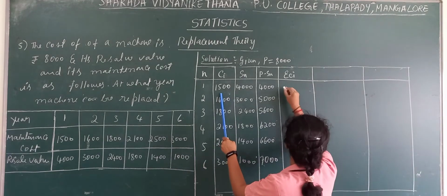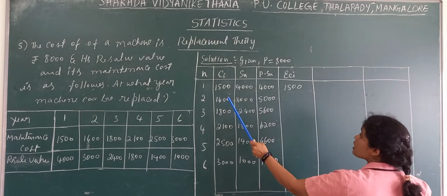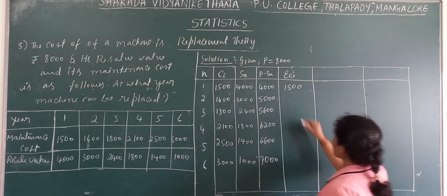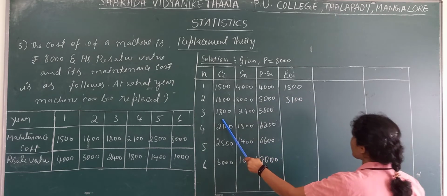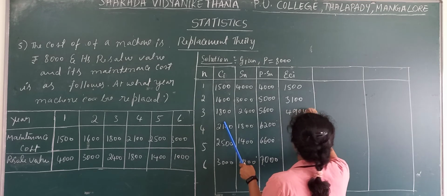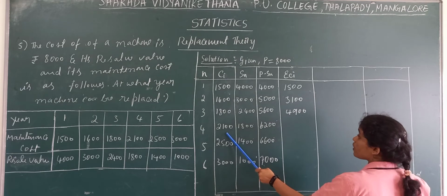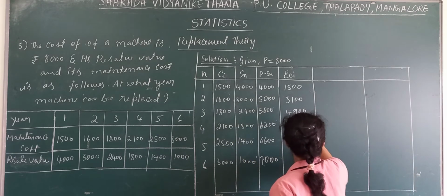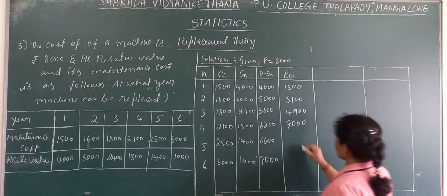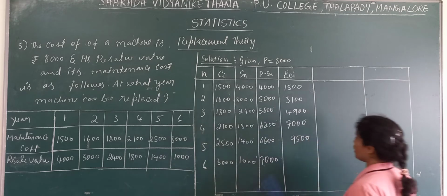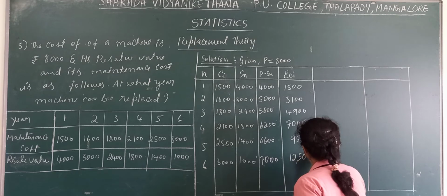The first year operating cost is 1,500 as it is. 1,500 plus 1,600, there we get 3,100. 3,100 plus 1,800, we get 4,900. 4,900 plus 2,100, we get 7,000. 7,000 plus 2,500, that is 9,500. 9,500 plus 3,000, at last we get 12,500.